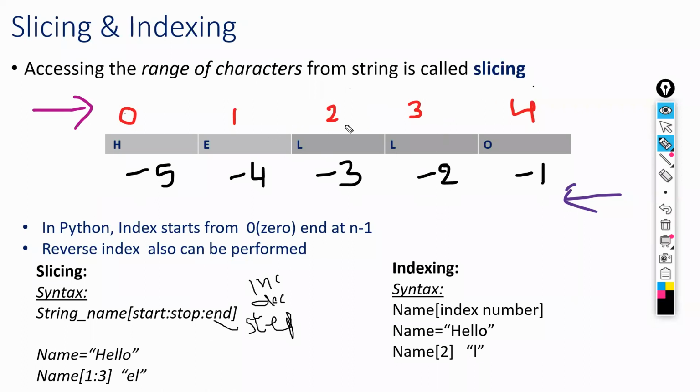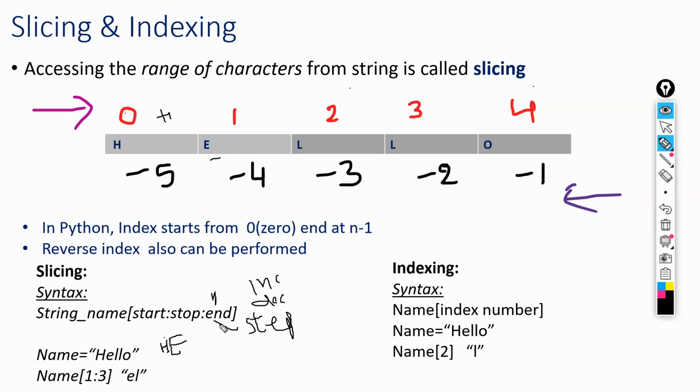The default value is 1. So for 0 plus 1, first it prints 0, that means H. 0 plus 1 is nothing but 1.